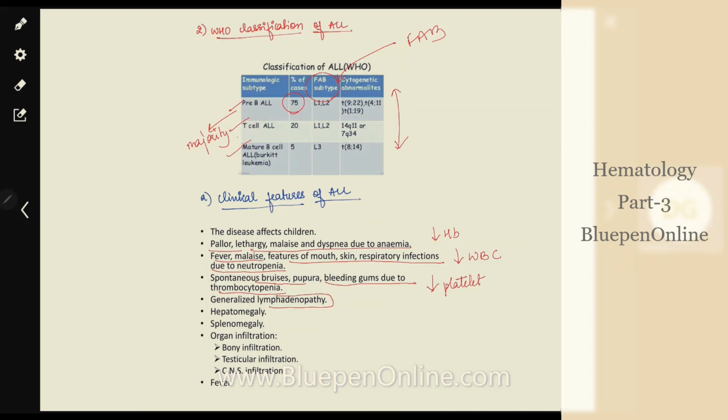Generalized lymphadenopathy, hepatomegaly, splenomegaly, and organ infiltration. So what are the organs? Bony infiltration, testicular infiltration, CNS infiltration, and lastly, fever.